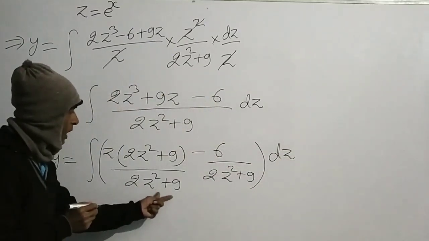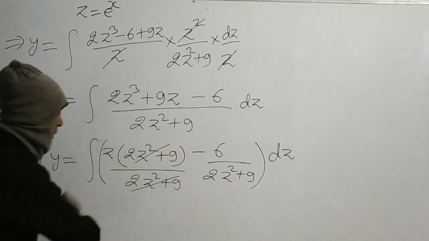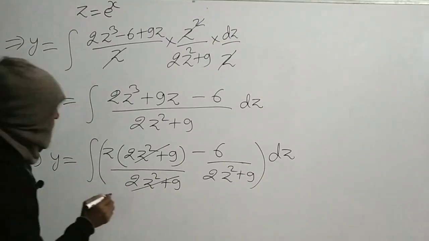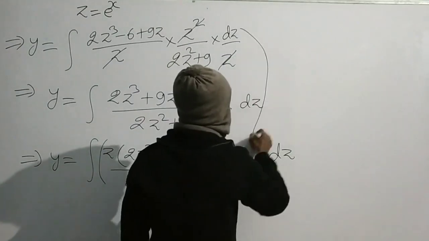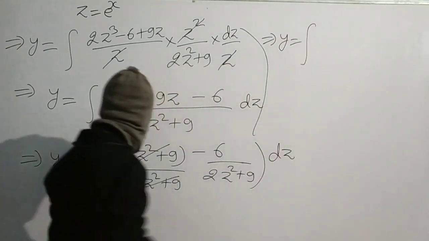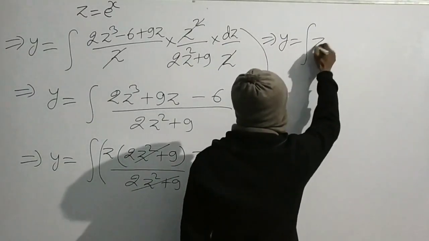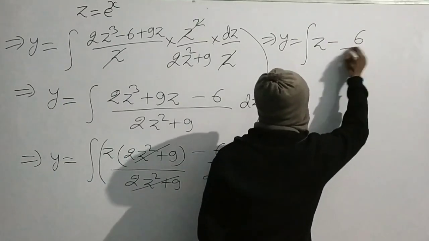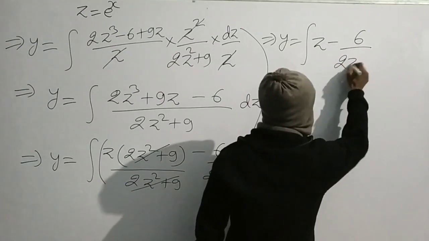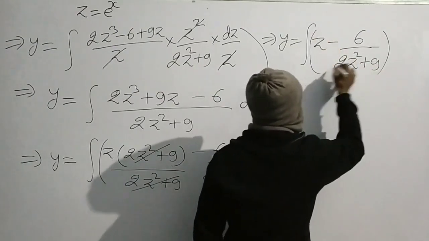This 2z squared plus 9 will be cancelled out, and we get y is equal to the integration of z minus 6 by (2z squared plus 9), dz.